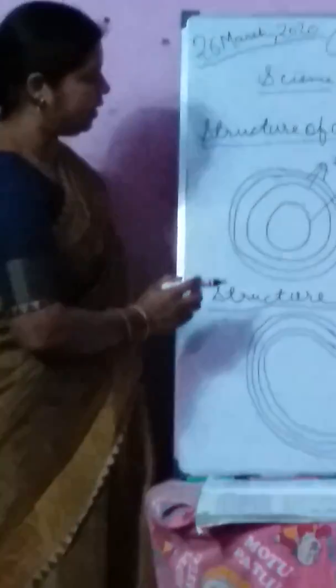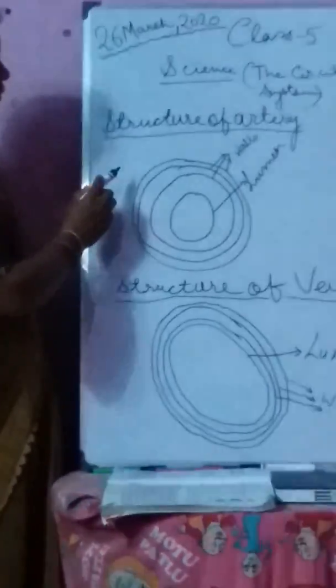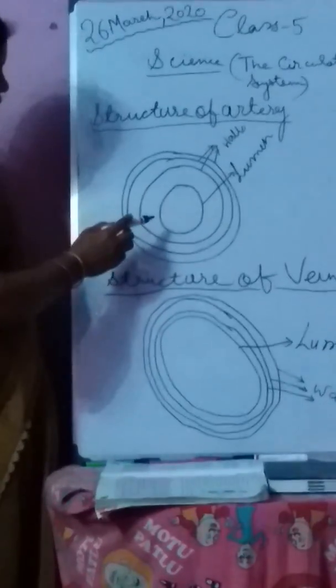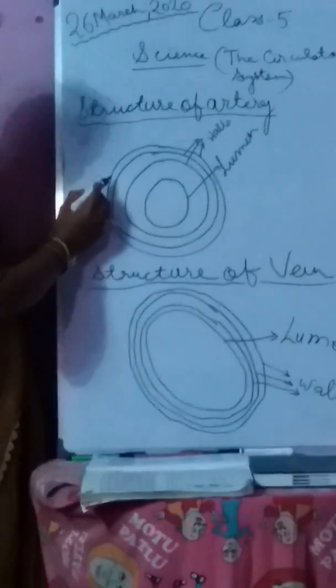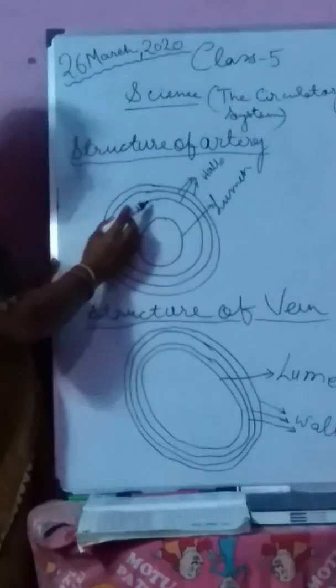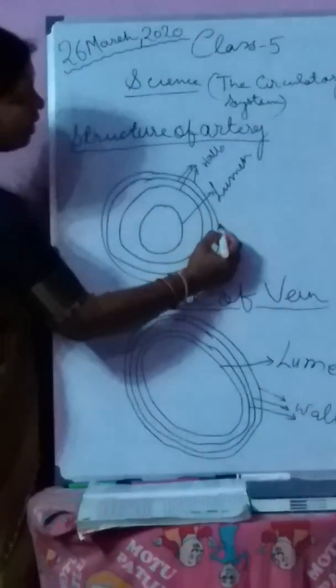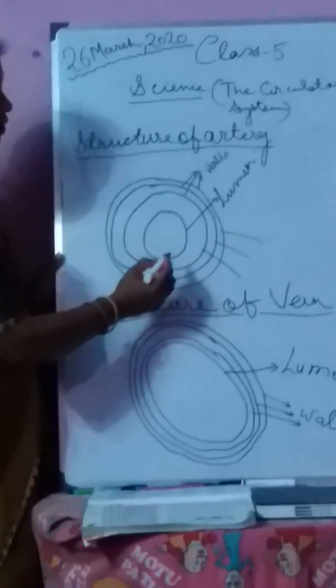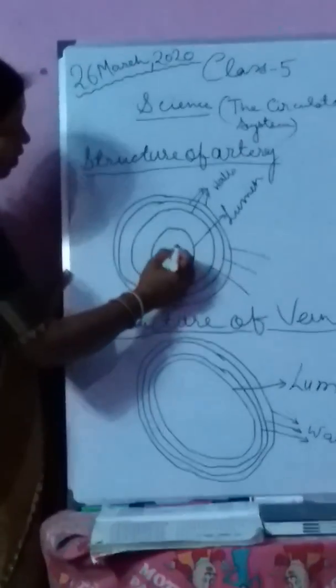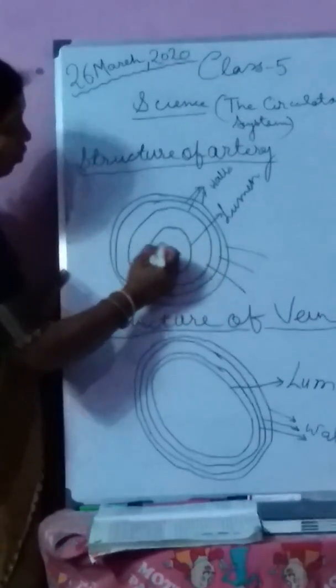Now I shall explain artery and veins with the help of these diagrams. You please see here the structure of the artery. You see the walls of the arteries, they have thick elastic walls. These are the walls. But you see here, this one is the narrow lumen.